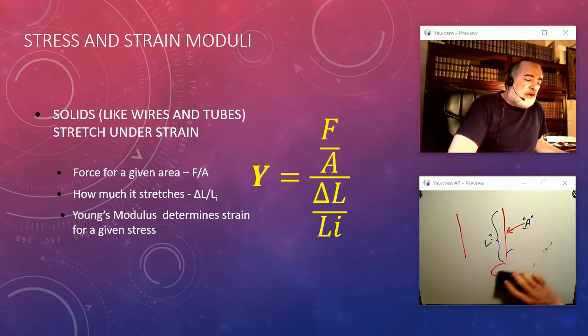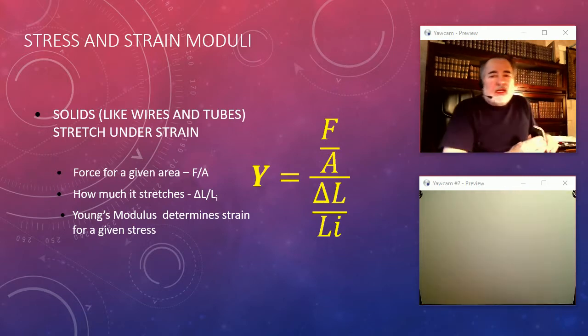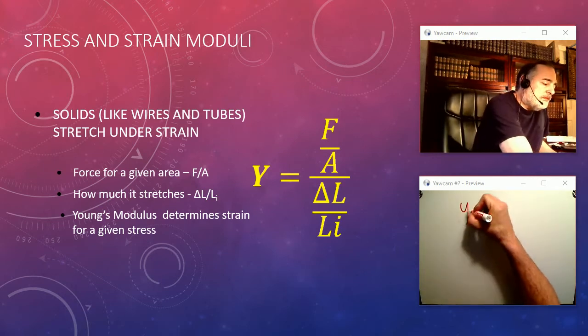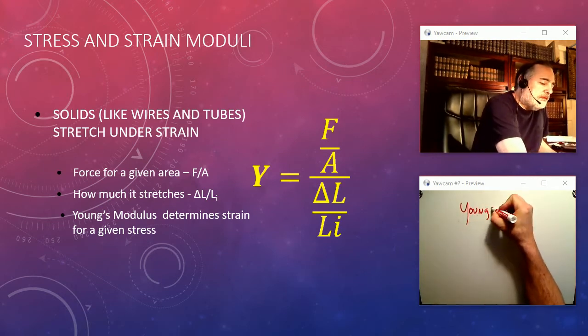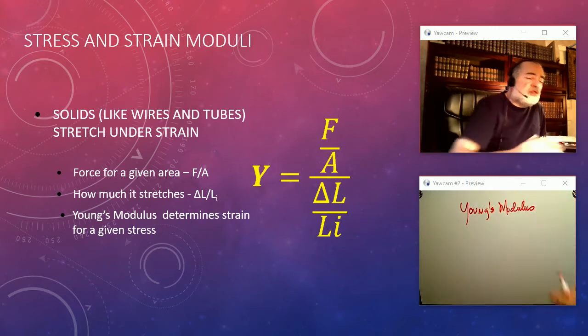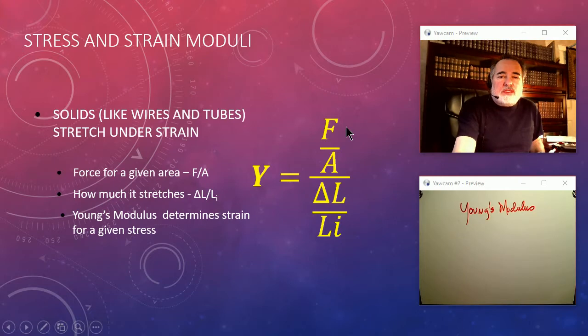Let's look at solids. And with solids, we're going to use something called Young's modulus. How something stretches under a given strain. So you see there a force for a particular area.